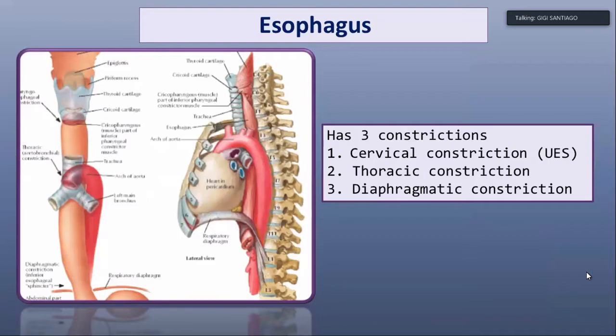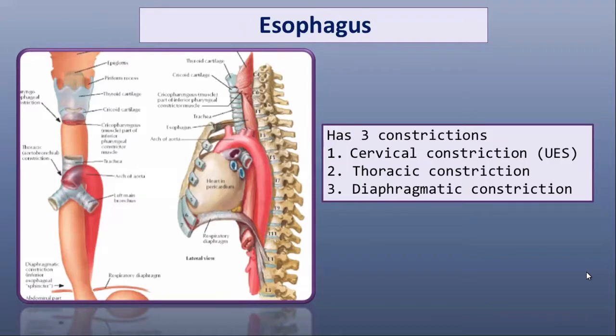Now, that constriction is because it is in this area where your arch of the aorta would be crossing your esophagus as well as your left primary bronchus. Because of those crossing over your esophagus, this causes the constriction in that part.